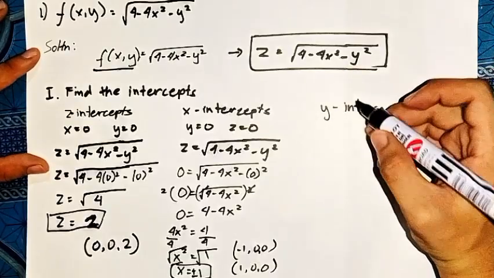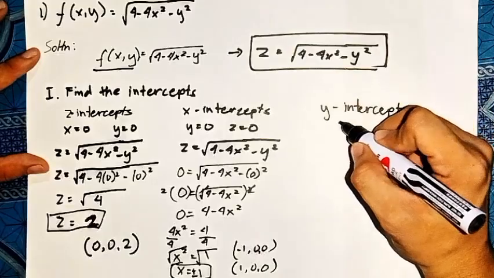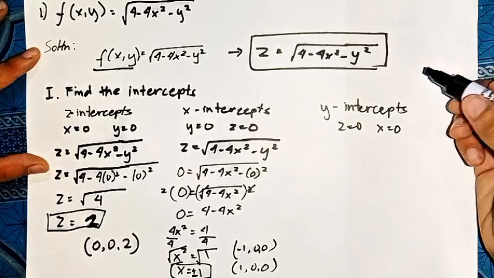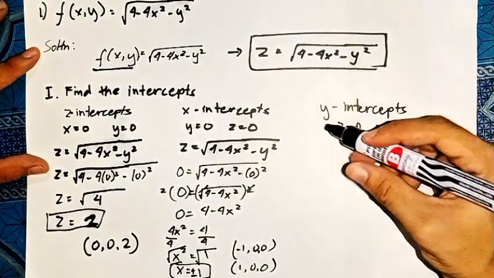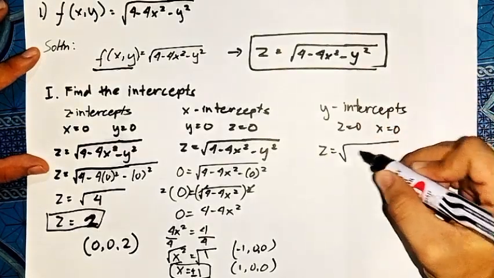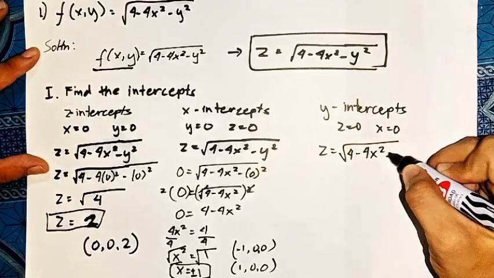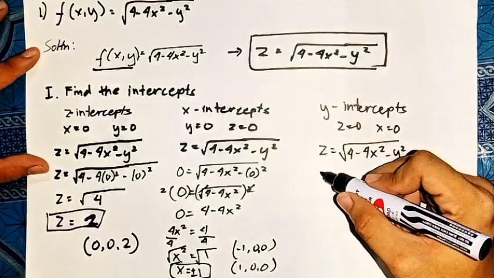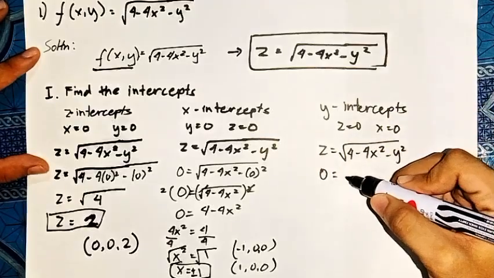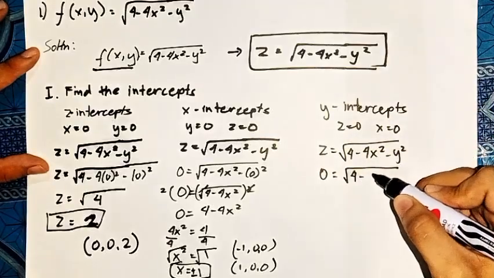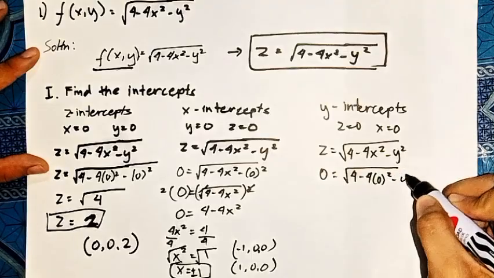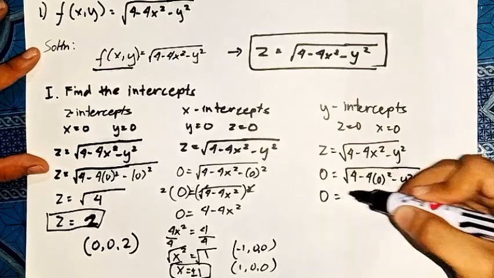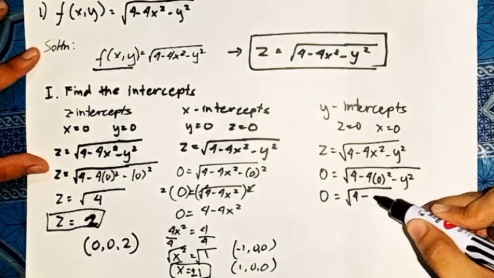Now in finding the y-intercepts, first, let z is equal to 0 and x is equal to 0. Let's copy again our function. So z is equal to the square root of 4 minus 4x squared minus y squared. Now substitute. So z now is equal to 0, and 4 minus 4 times 0 squared minus y squared. So it will become 0 equals the square root of 4 minus y squared.